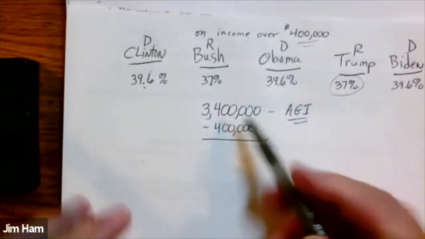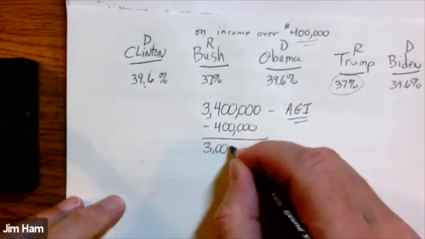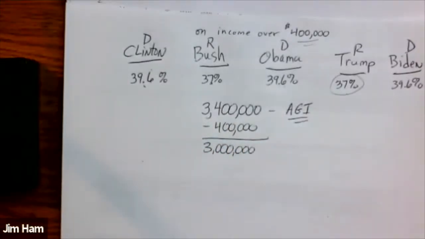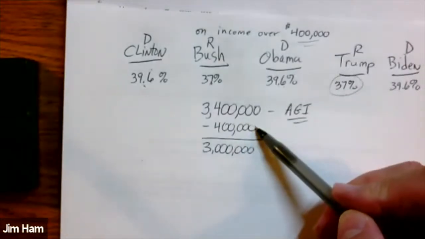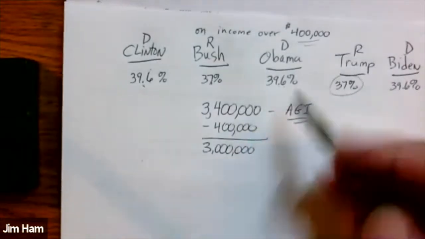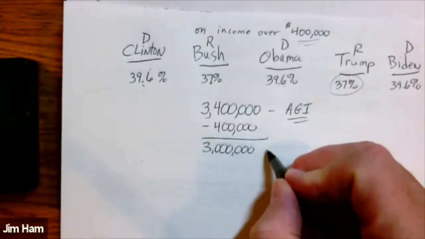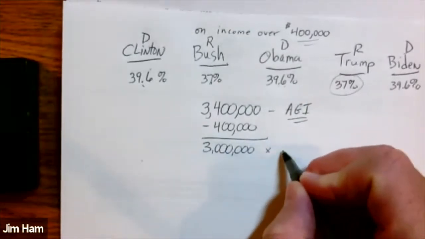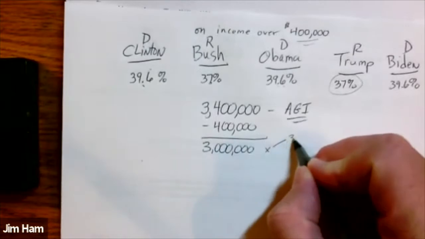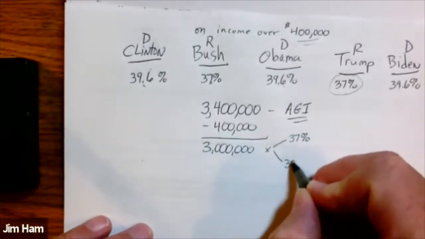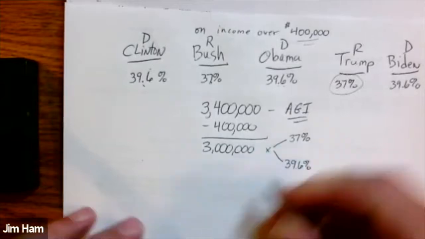So of the $3.4 million, there are $3 million over the $400,000. And all dollars over the $400,000 line in the sand, I guess you call it, are going to be charged at the highest rate. So it's either going to be 37% under the Republicans, or it's going to be 39.6% under the Democrats.